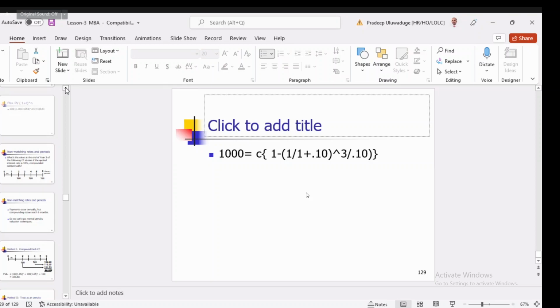Right? So if you have any problems on this or on anything that I have covered, you can always ask me through the email or the telephone available at the unit. They will provide all the information to contact me. So if you have problems on time value of money, on what we have covered, please ask.